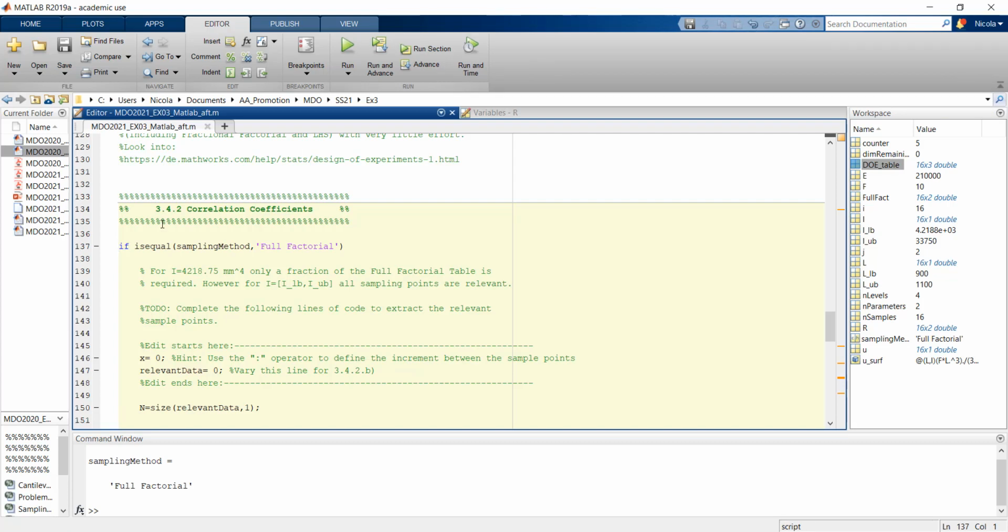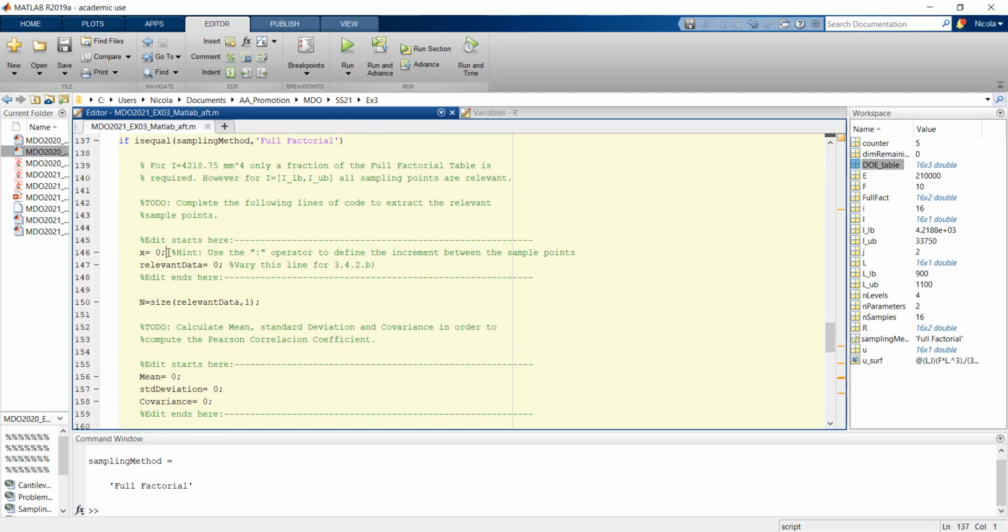In the second task, we have to compute the correlation coefficient. So for A, we only need a fraction of the full factorial table. First we have to take out those relevant rows that correspond to I at 4218, so for this certain inertia.